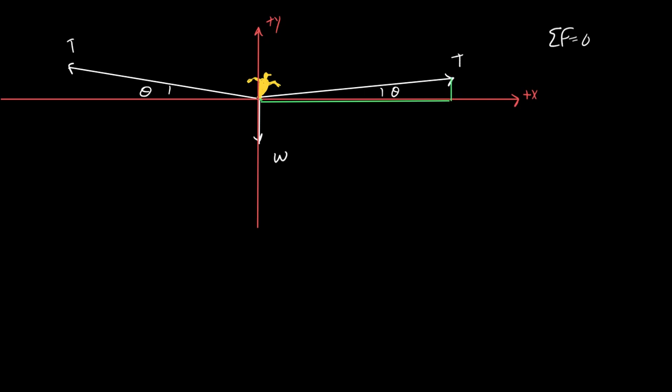Right? I'm taking my tension and breaking it up into its components. The horizontal component will be T cos theta, and the vertical component will be T sine theta. All good so far?